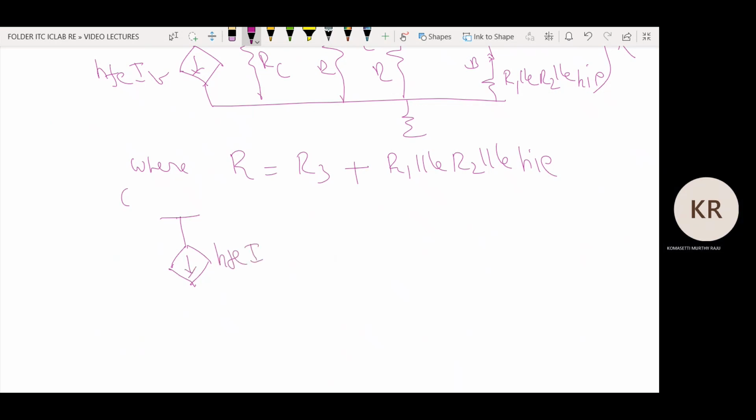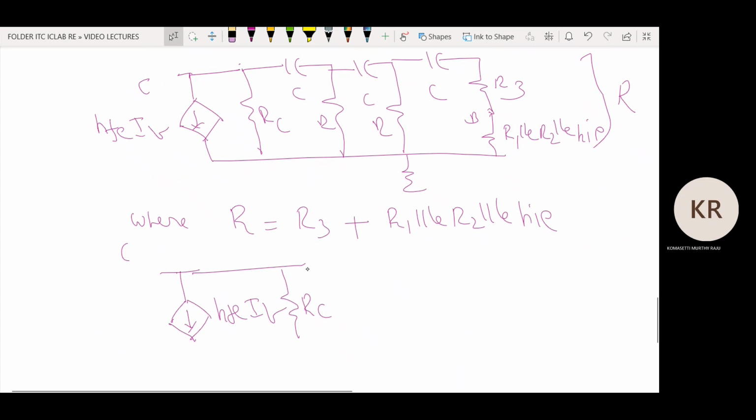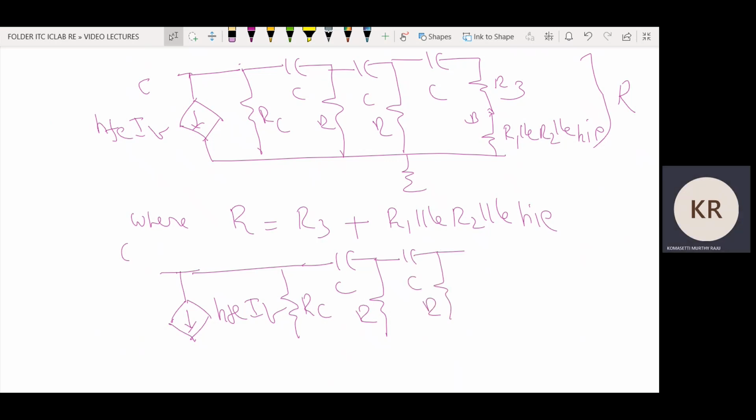HFE IB. This one is RC. C, R, C, R, C, and the last section is R, where R is this one.